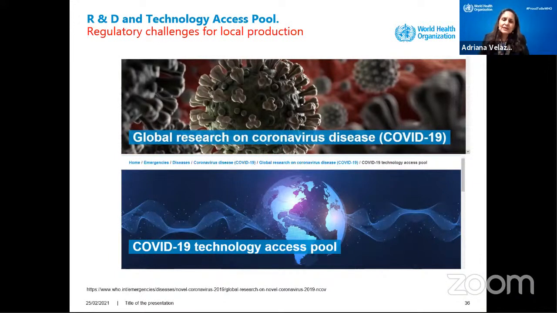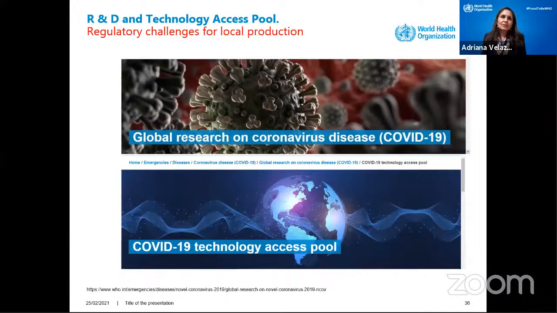So we're also working with a special group on the CTAP and the technology access pool, and also the partnership and the UN Technology Bank, UNIDO, UNOPS, all of us again trying to see what products can be produced locally, what industries are willing to give their blueprints so that others can develop it.